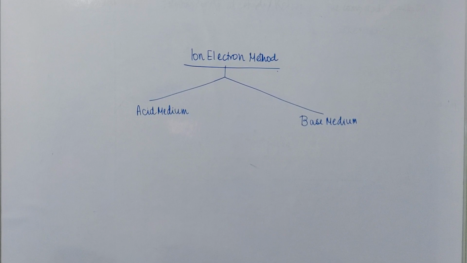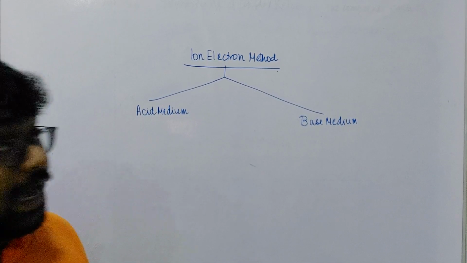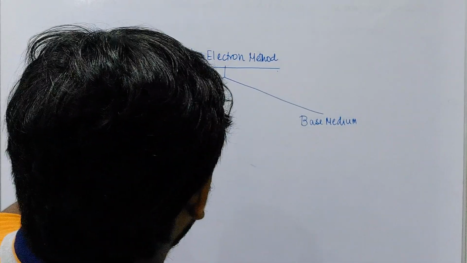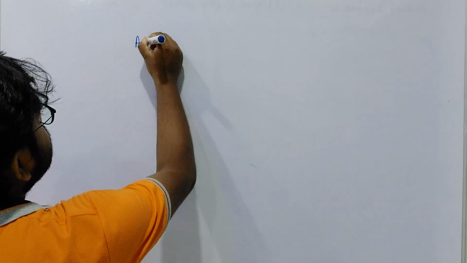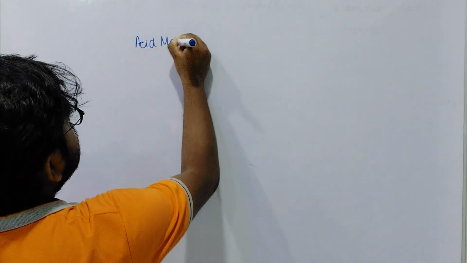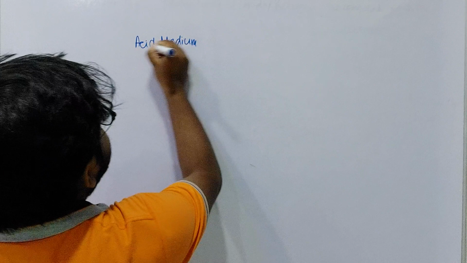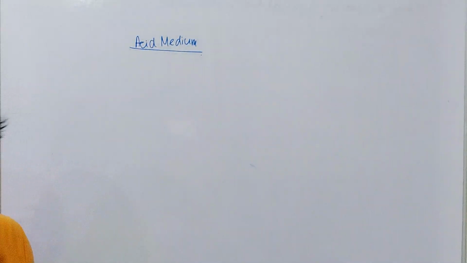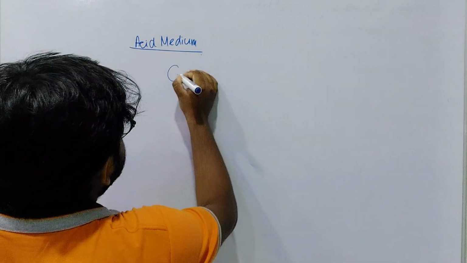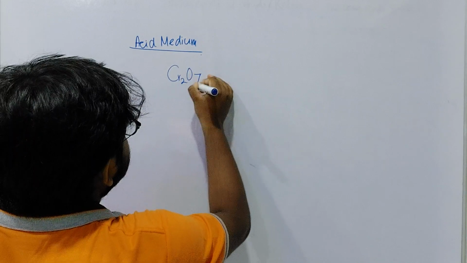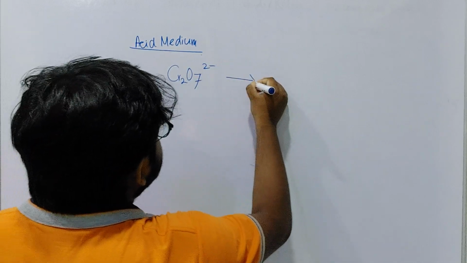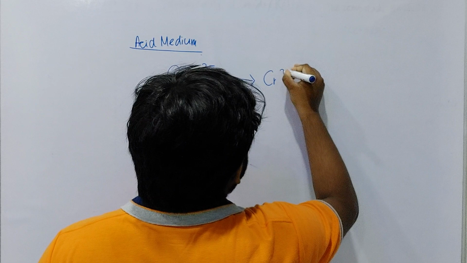So how to balance a chemical reaction? What do you have to keep in mind? Just forget about everything. Let's discuss the acid medium. Let's have a chemical reaction. Suppose this one, dichromate into chromium 3 plus.